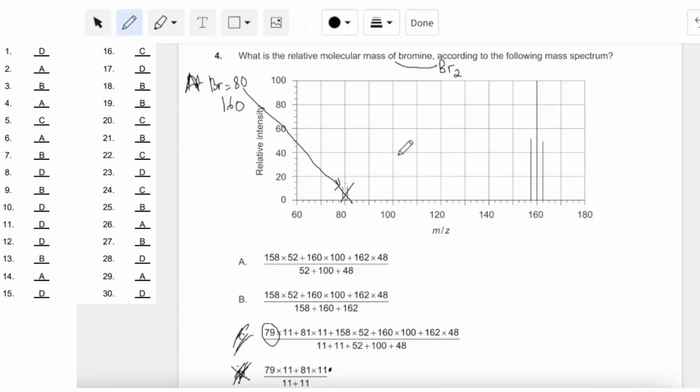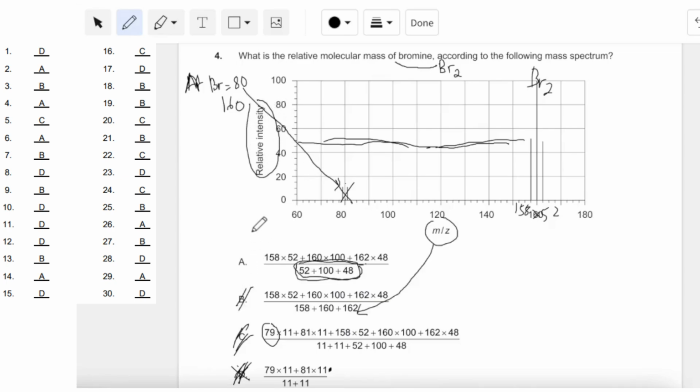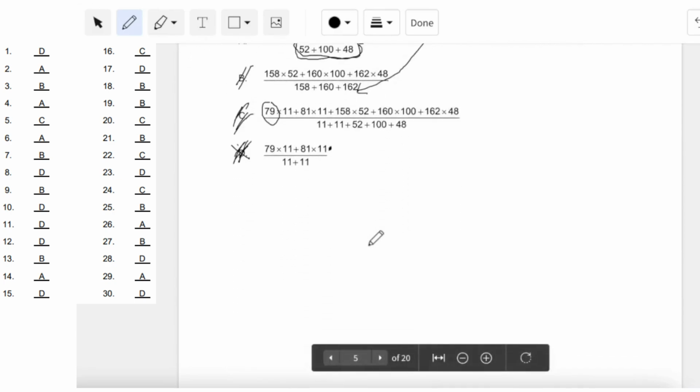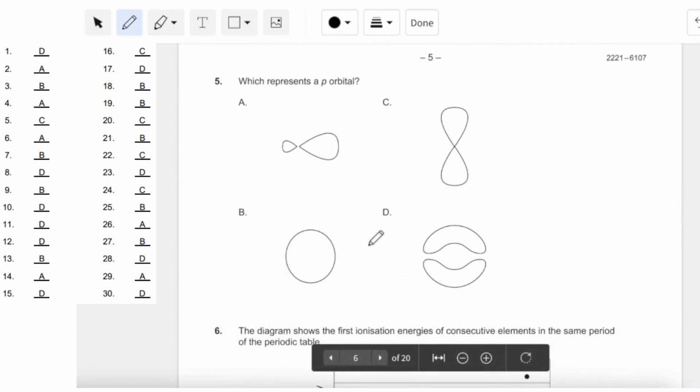The correct answer is this one, which is Br2. 158 right here times this is going to be around 52. You need to divide by the sum of the relative intensities. It's obviously A.